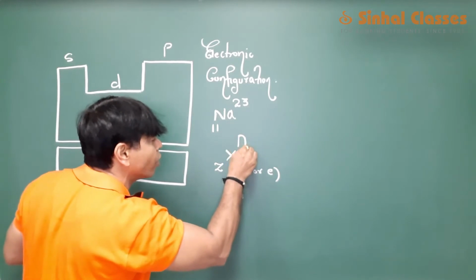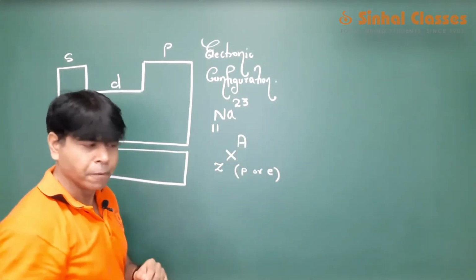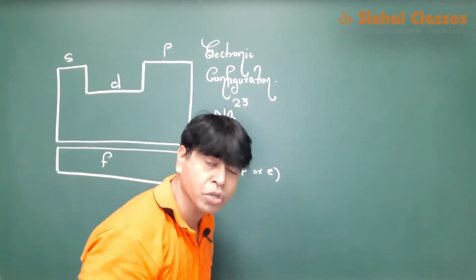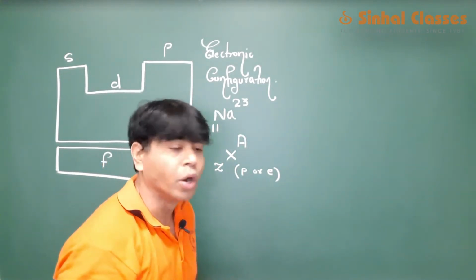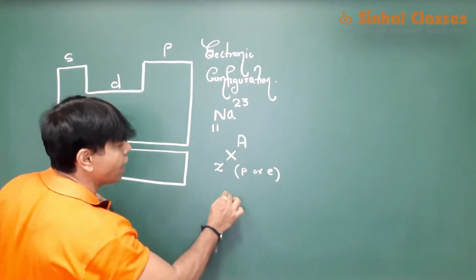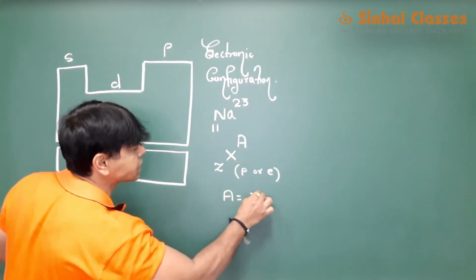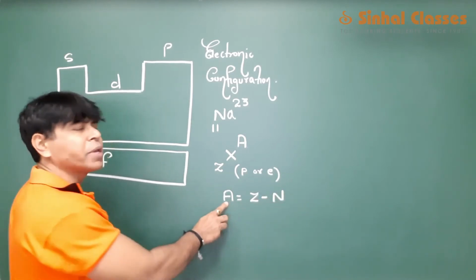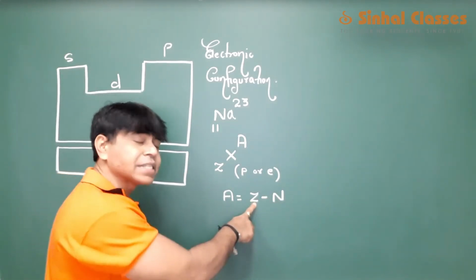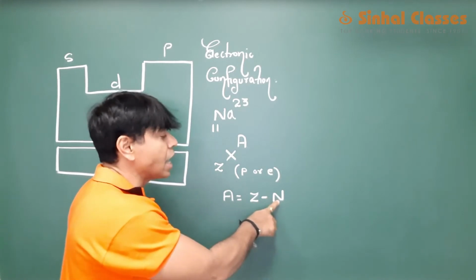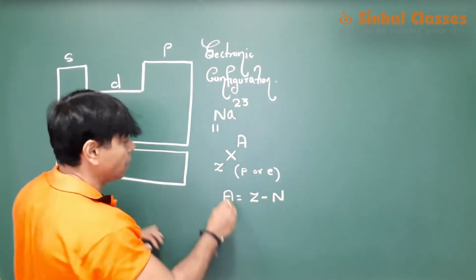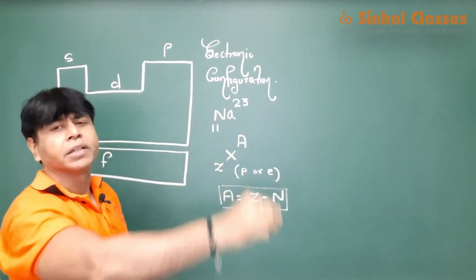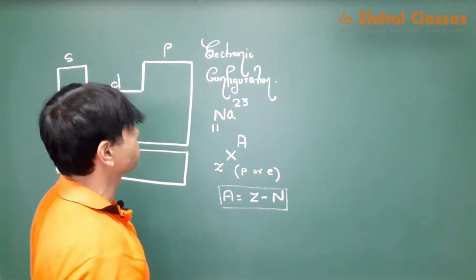And A is the symbol for atomic mass number, which is a combination of protons and neutrons. So A will be equal to Z plus N, where A is the atomic mass number, Z is the atomic number and N is the number of neutrons. By using this formula, you can calculate the number of neutrons.